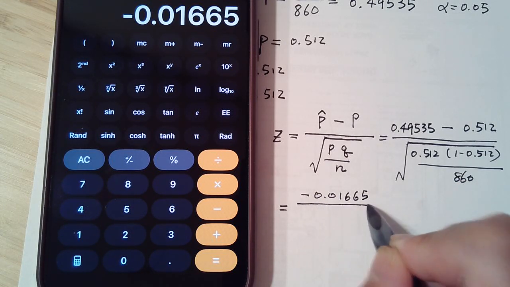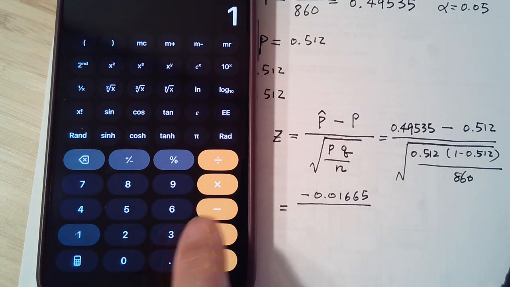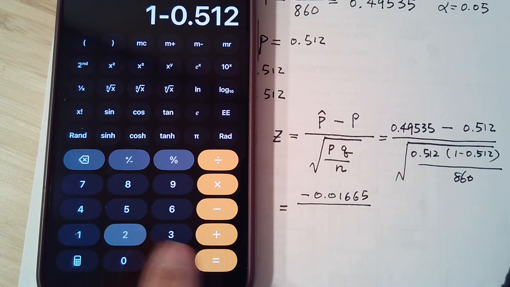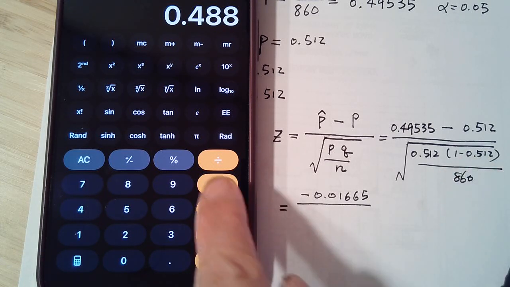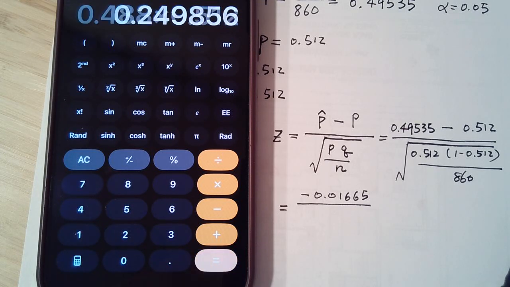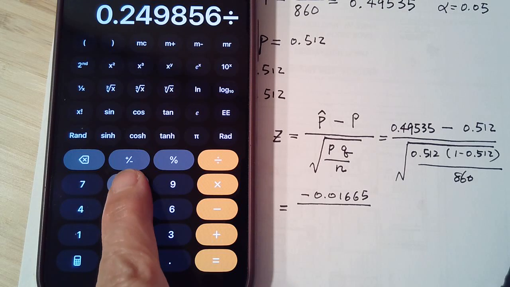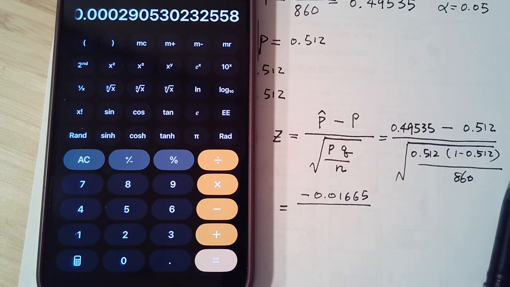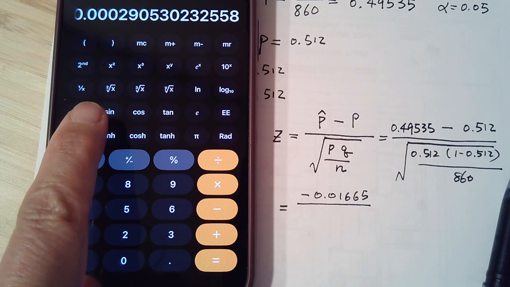For the denominator, I do 1 minus 0.512 first, which is 0.488, and then I multiply by 0.512. Then we divide it by 860. So I get this tiny little number, and then I take the square root.